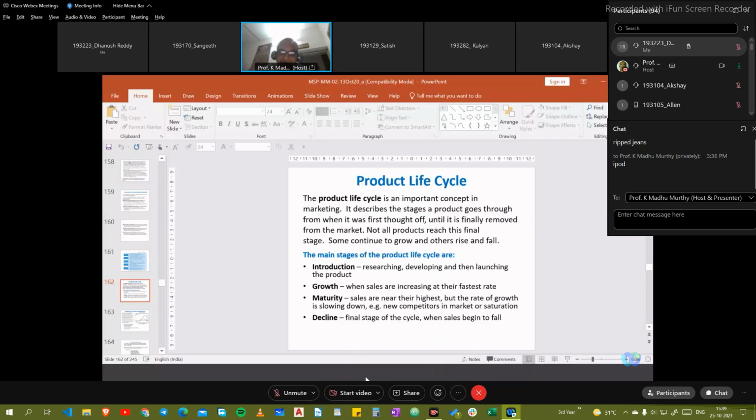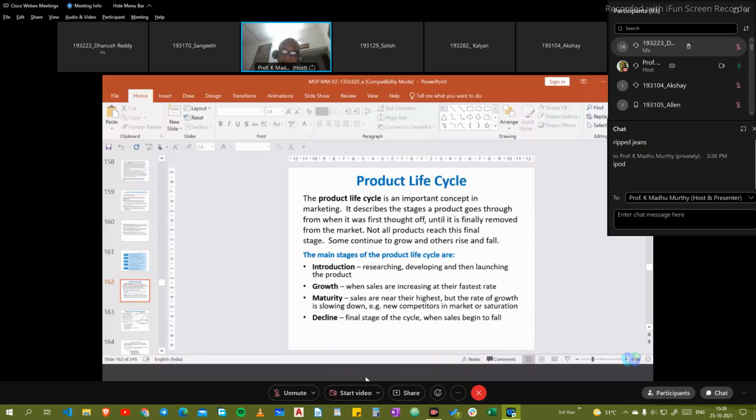Once it is released, it takes off. It has to survive for a while to gain the confidence of at least a few people, and then it picks up. The rate of sales is much faster during the next phase, called the growth phase.